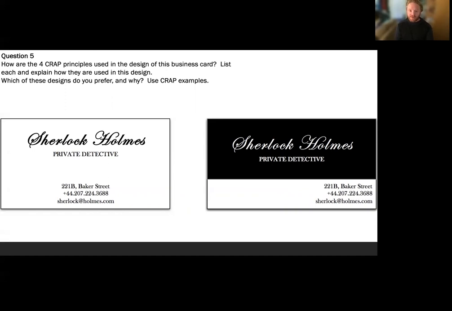Talk about all 4 principles: contrast, repetition, alignment, and proximity. Which of these designs do you prefer and why? Use CRAP examples to explain. Complete this exercise on worksheet number 1, and that is today's lecture.